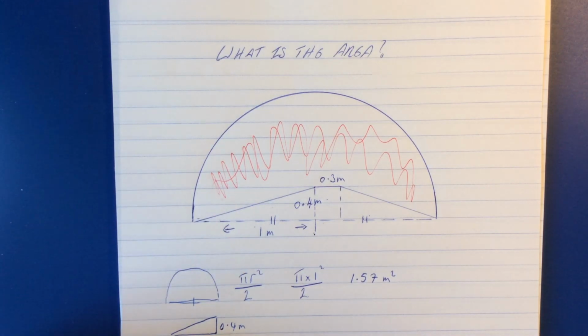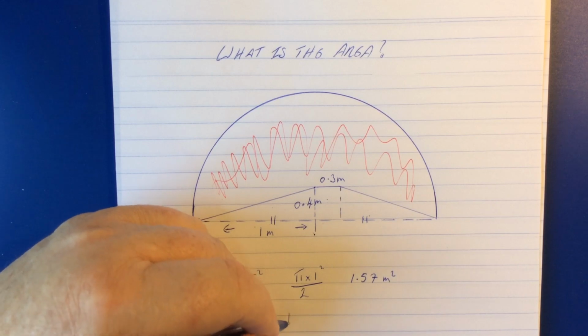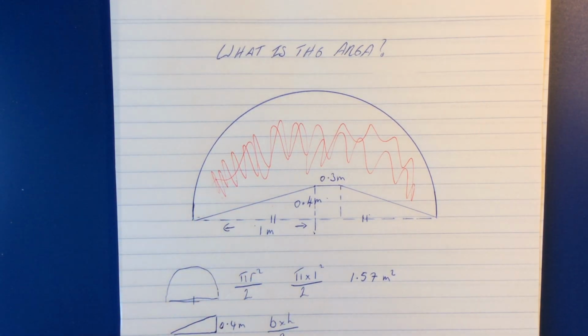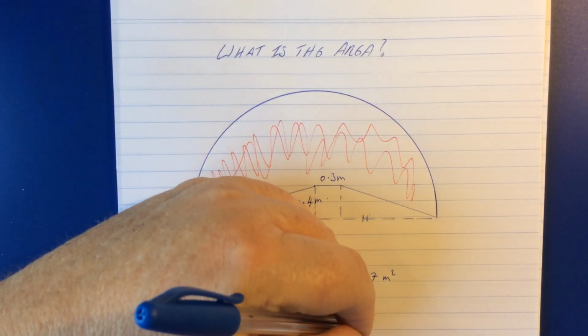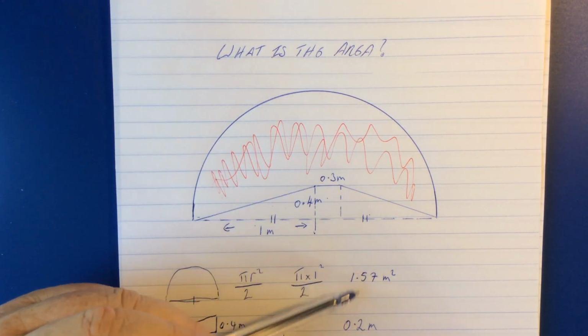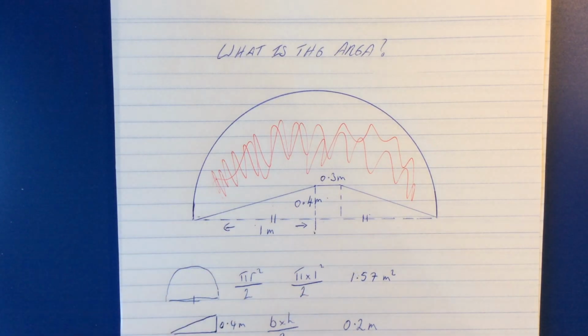Okay, so how do we deal with that? Well, that is base times height divided by 2. So the base times the height, 1 times 0.4 divided by 2 gives us 0.2 of a meter. That's going to be removed along with these other areas from this value here.